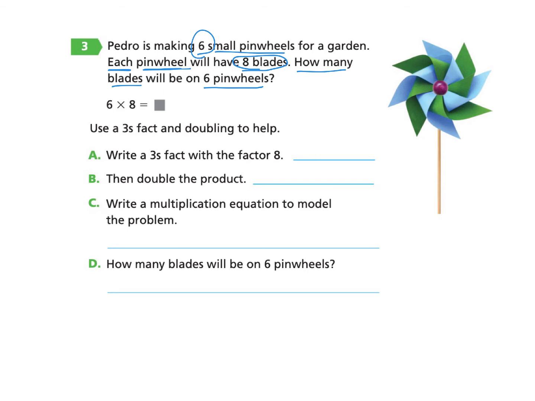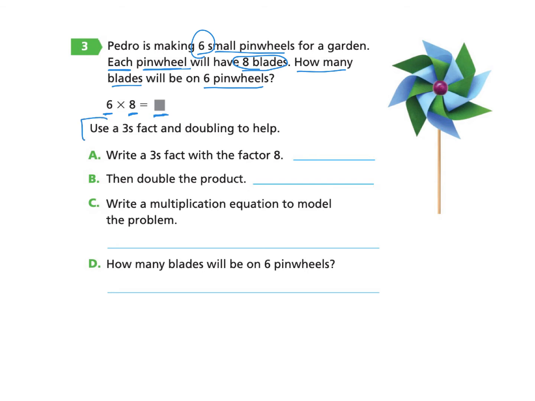So we have highlighted and circled the information that's important, and they have already written a multiplication equation for us where there were 6 pinwheels, and each pinwheel has 8 blades, so they're wondering how many blades will be on the 6 pinwheels.